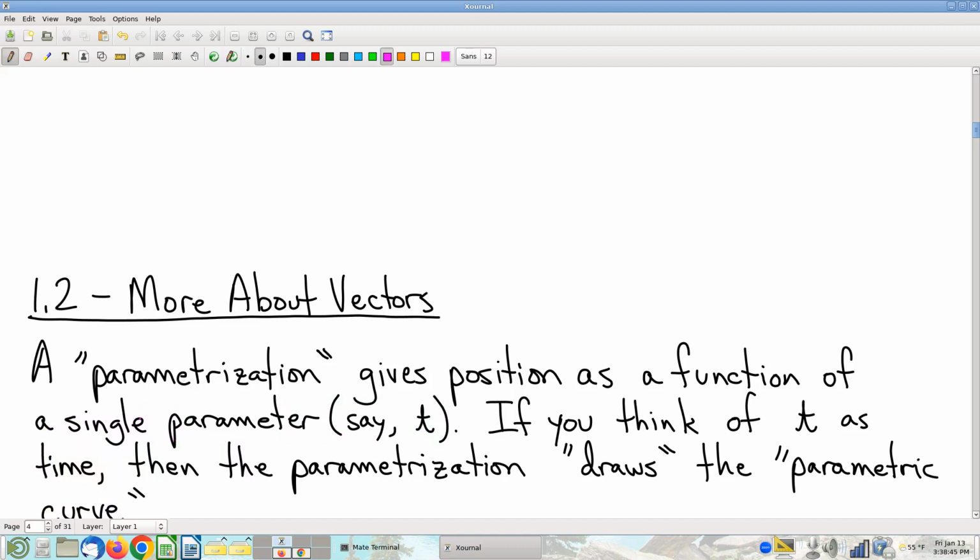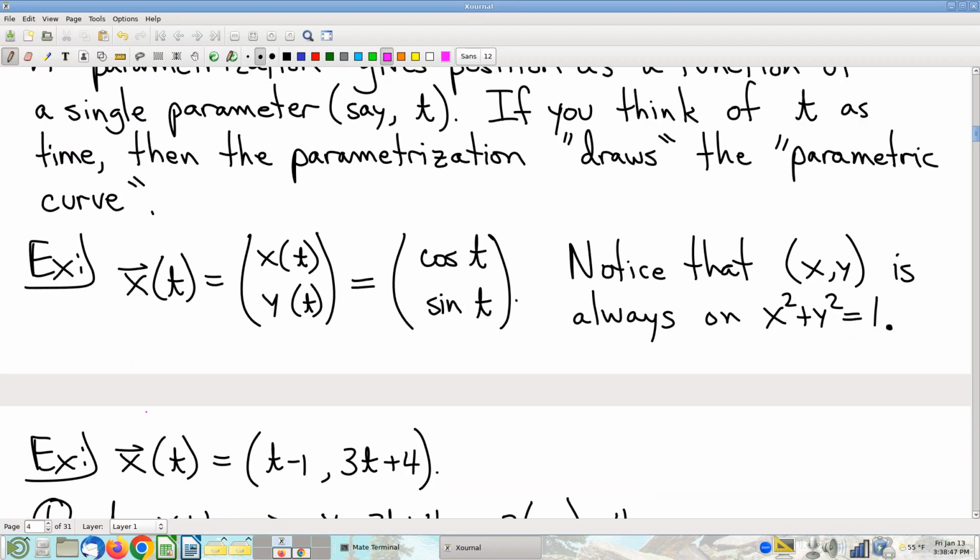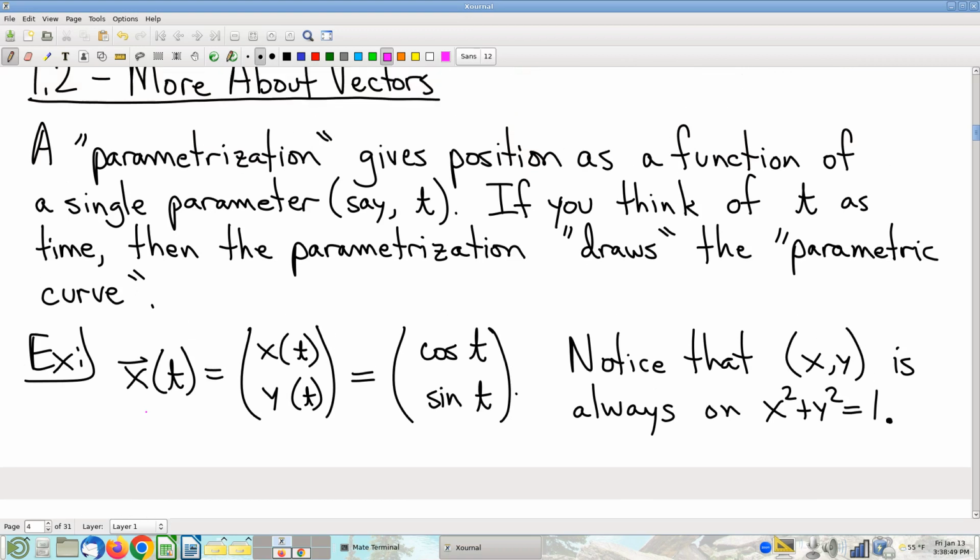Okay. All right. So here's a nice first example. Here you go. We have a couple of functions of time. Notice that this is telling us our x-coordinate as a function of time and our y-coordinate as a function of time.